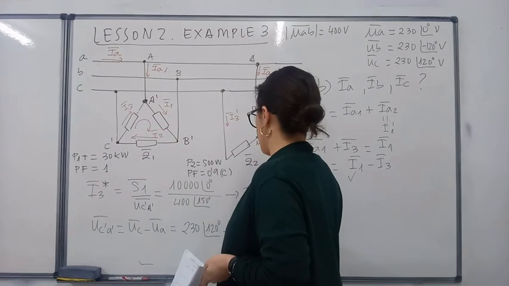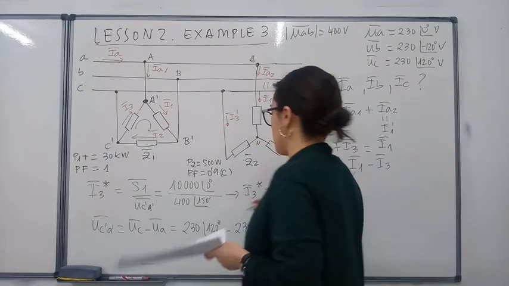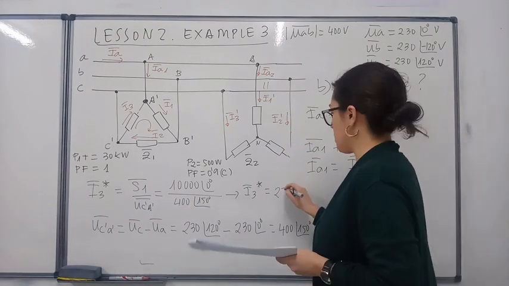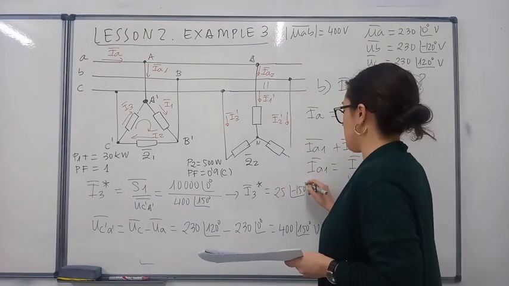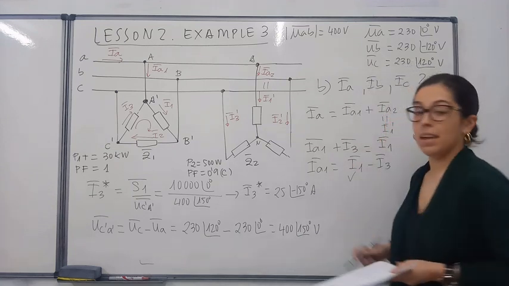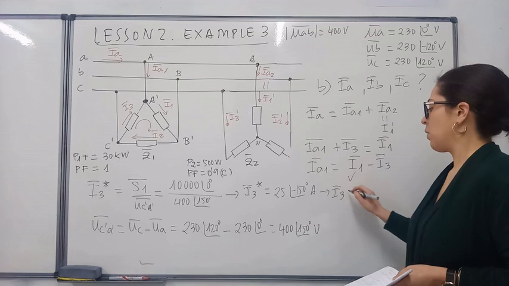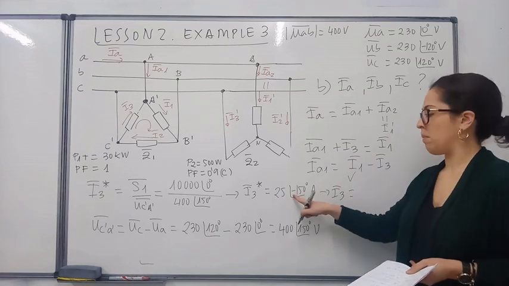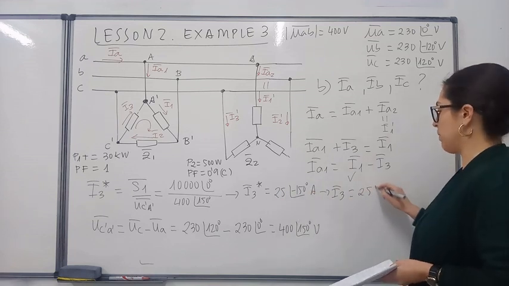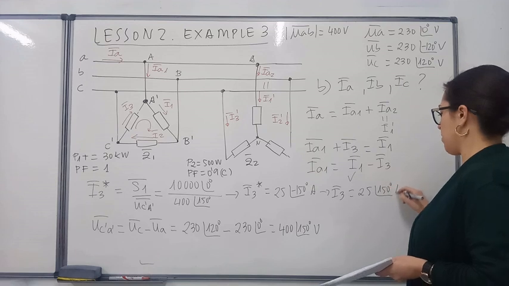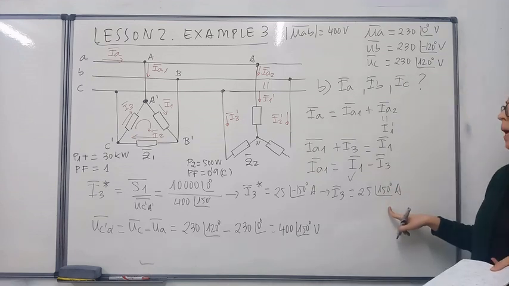So the conjugate of current 3 will be 25 at minus 150 amps. That is the conjugate of the current. So we can calculate current 3 by changing the sign of this angle, and we will have this expressed in amps.